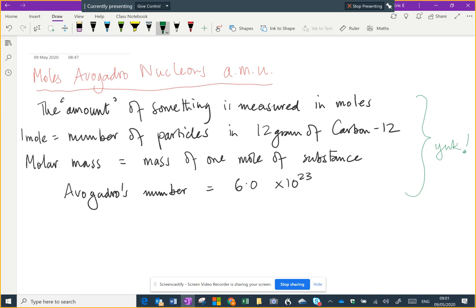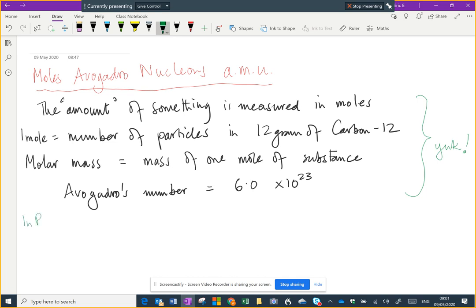It served its purpose, and I'm sorry, Avogadro, great idea to have this number, but what use is it? It's an artificial construct, a mole. It's an arbitrary number. It served its purpose, but actually, we've kind of moved on from there. So this is the way I would go about it in physics.